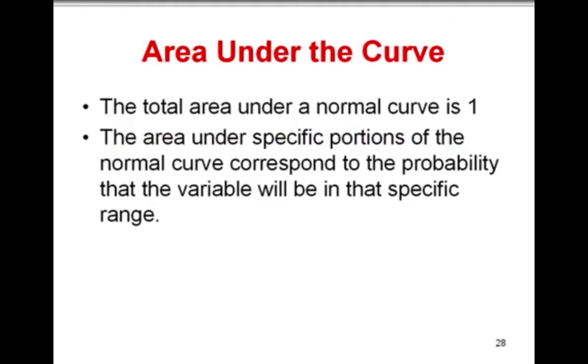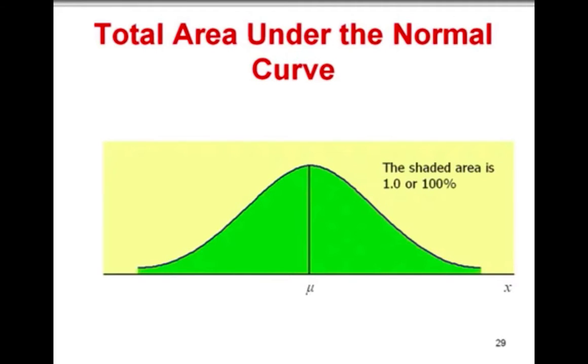Hopefully, one of the concepts that the previous examples made clear is that the total area under the normal curve is 1 or 100%, and that the area under a specific portion of the curve represents the probability that the variable will fall within that range. So the total area is 1 or 100%.